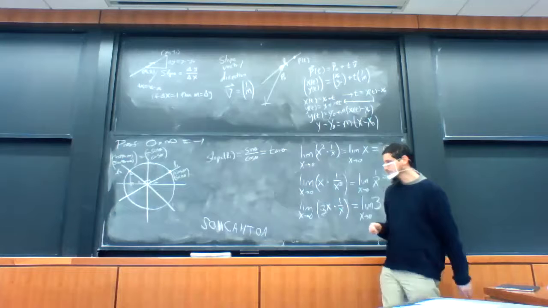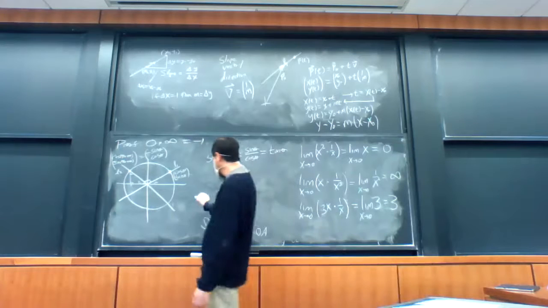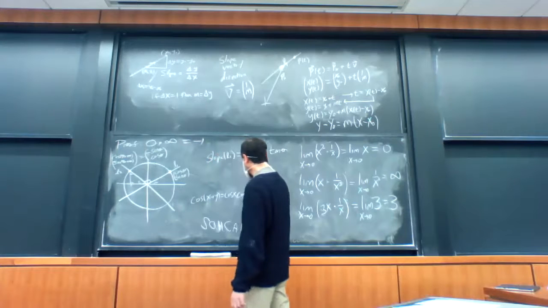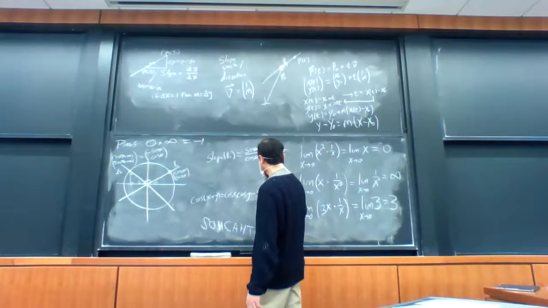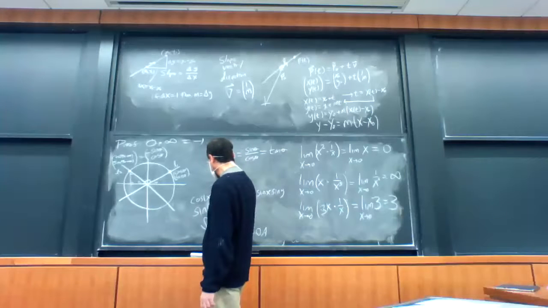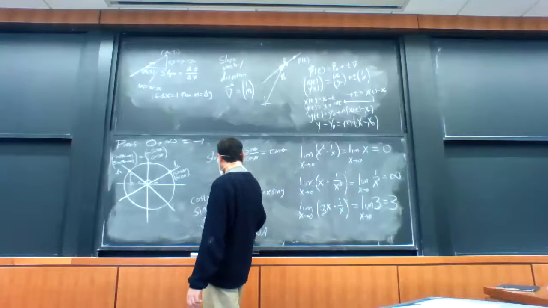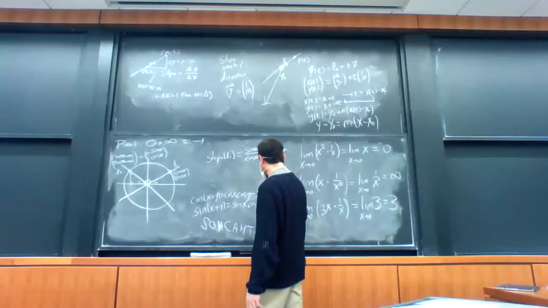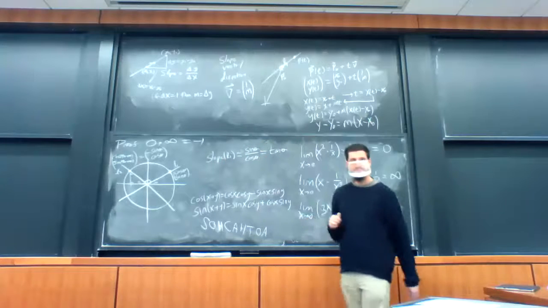And so we have different trig rules. If you remember your trig, the cosine of x plus y is cosine x cosine y minus sine x sine y, and sine of x plus y is sine x cosine y plus cosine x sine y.